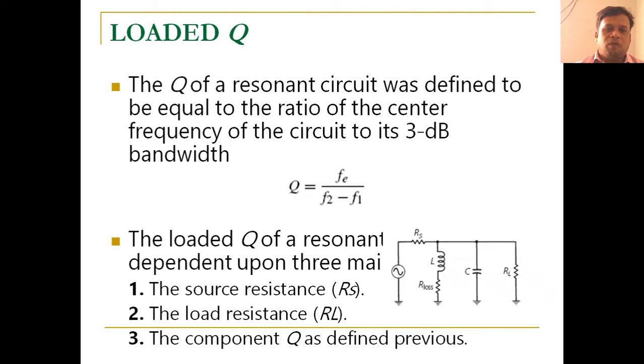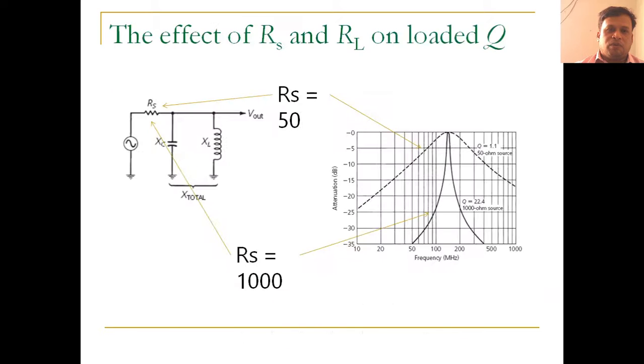So the important components here are Rs, RL, and Q, the quality factor. The resonant circuit depends on these three factors, and we will see how this circuit operates now. The effect of Rs and RL on loaded Q.